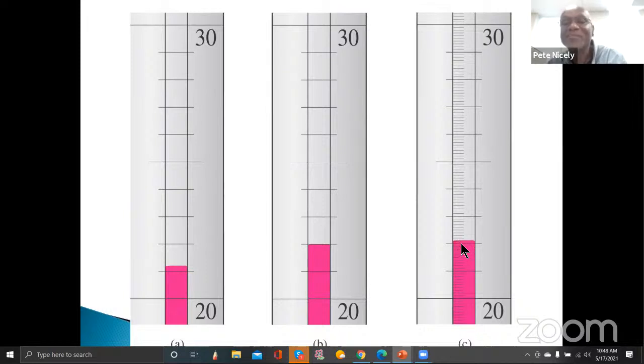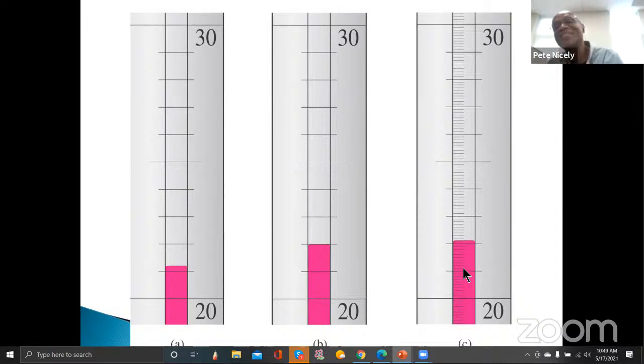We are certain that it's 22.1 something, right? So therefore, we are not certain about the second digit after the decimal point. We're certain about the 2 being the first digit, and then 2 being the second digit, 22. And we're certain about 1 being the third digit, which comes after the decimal point.